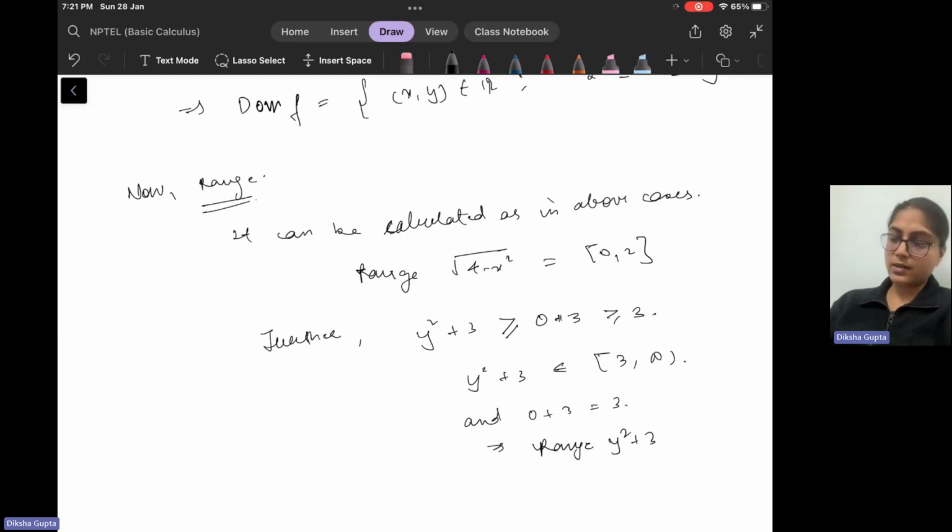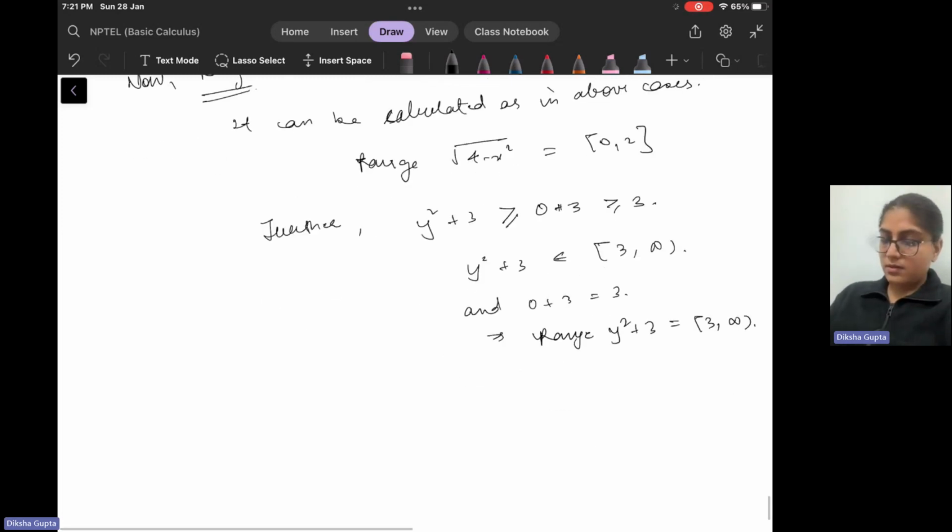If you want to go into detail, you can again use the intermediate value theorem, but it is pretty clear here. Okay, so the range of y square plus 3 is 3 to infinity.